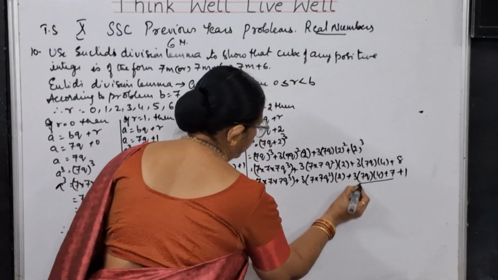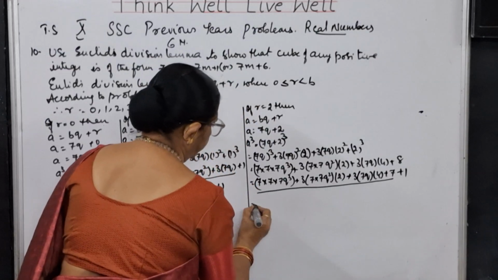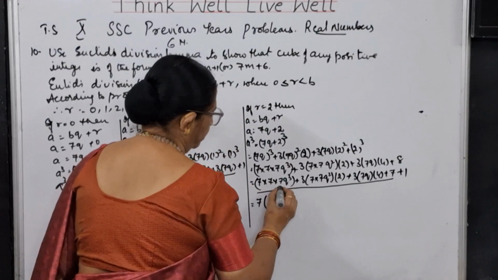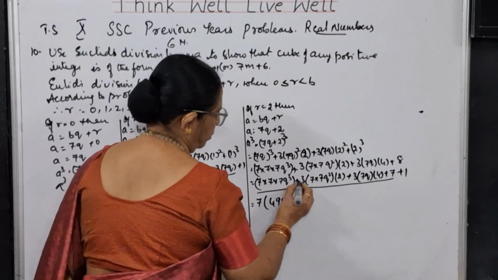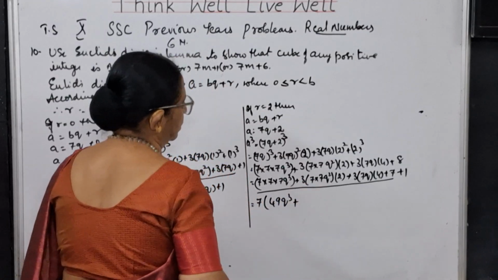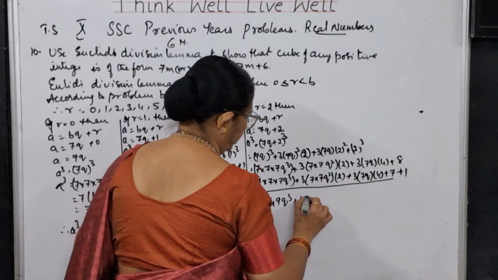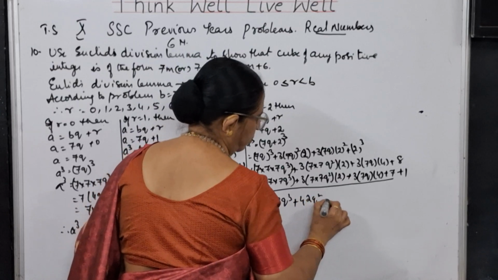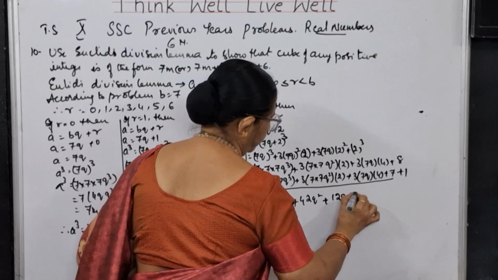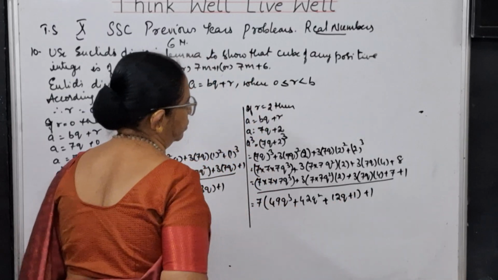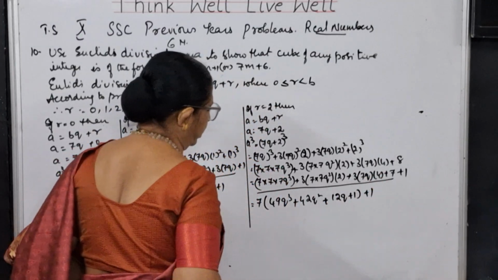So, in all these, I am taking 7 as common. 7 7s are 49 q cube plus, 7 is out, 3 2s are 6, 6 7s are 42 q square plus, 7 is out, 12q plus 1, plus 1 out of 7. 7 is out means you will be having 1.